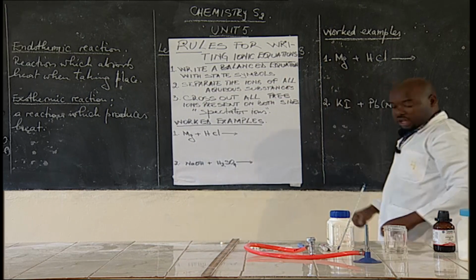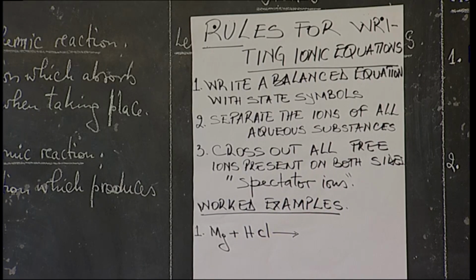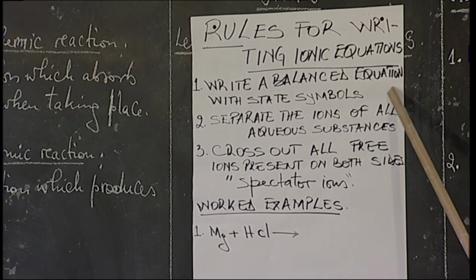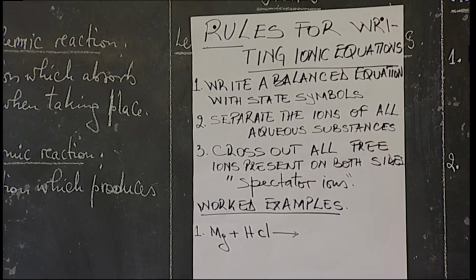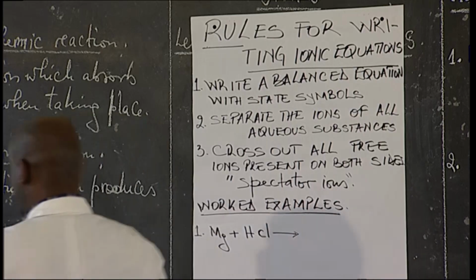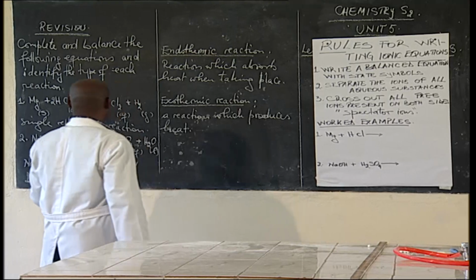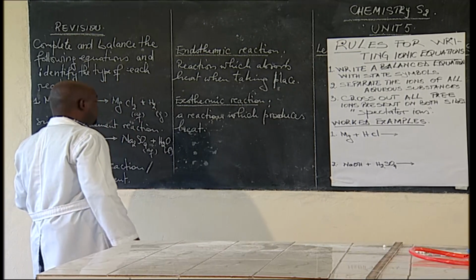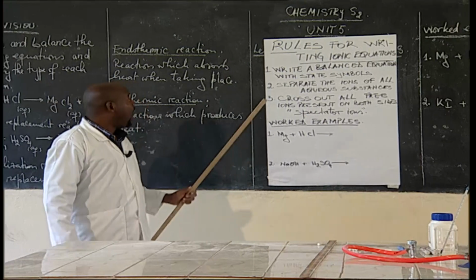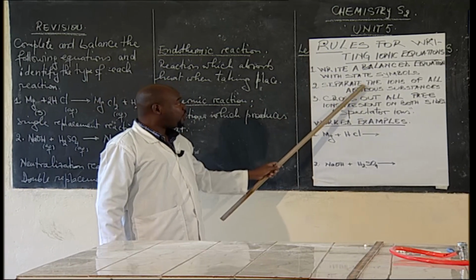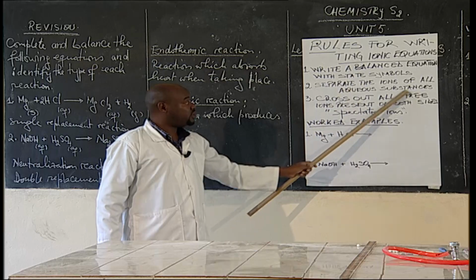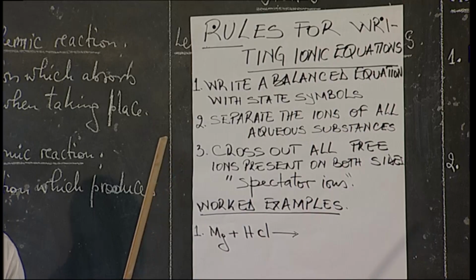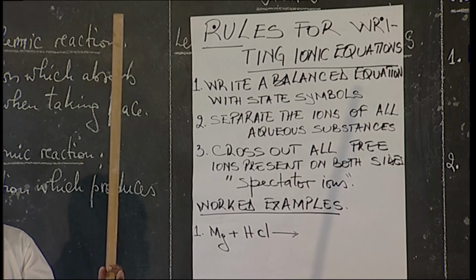Rules for writing ionic equations. Rule number 1, we have to write a balanced equation with state symbols, just like how we did it. Magnesium and hydrochloric acid, balanced equation with state symbols. And secondly, we separate the ions of all aqueous substances. We write the ions in a separate form.